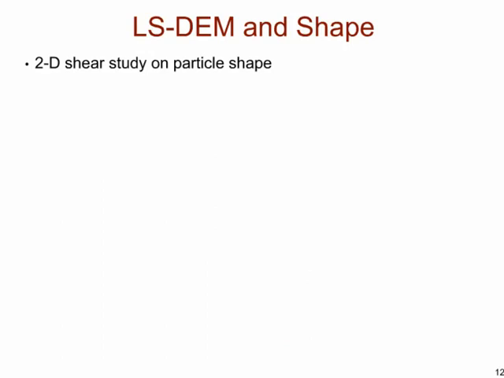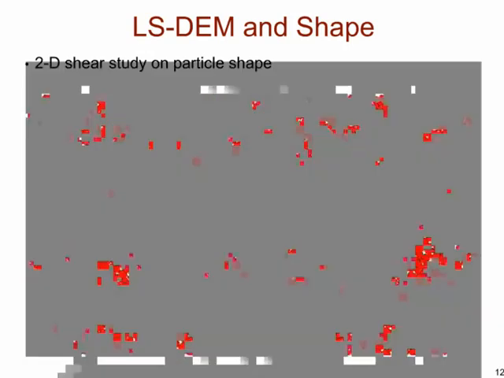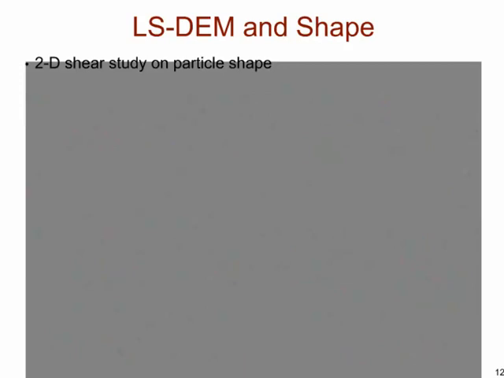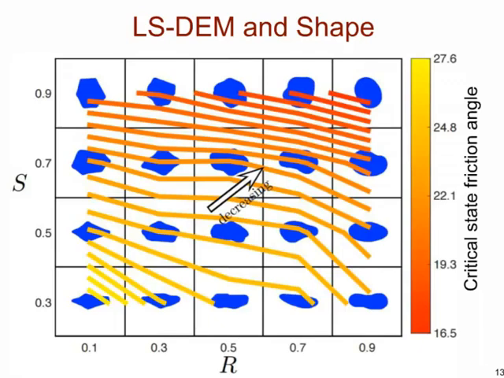My next slide, I will apologize in advance. I don't think it's going to display well. The platform doesn't support videos. But this is a two-dimensional shear study showing the effect of particle shape at critical state. But here's the upshot of that. Again, we're on this same map of roundness and sphericity.